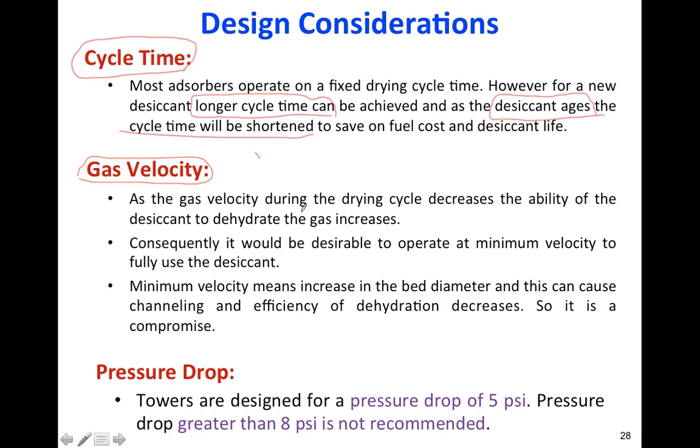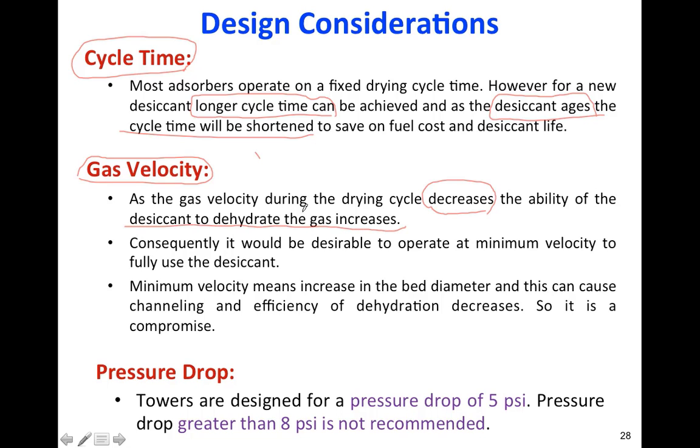The gas velocity also will have an effect. If the gas velocity decreases, the ability of the solid particles to dehydrate the gas increases.